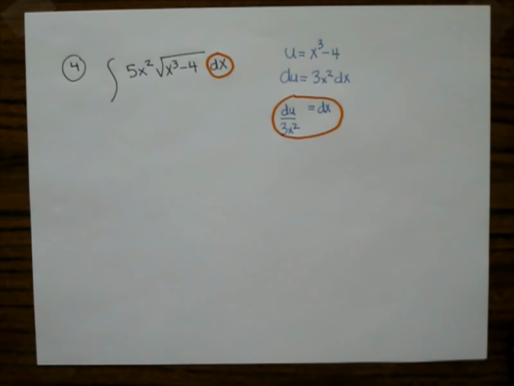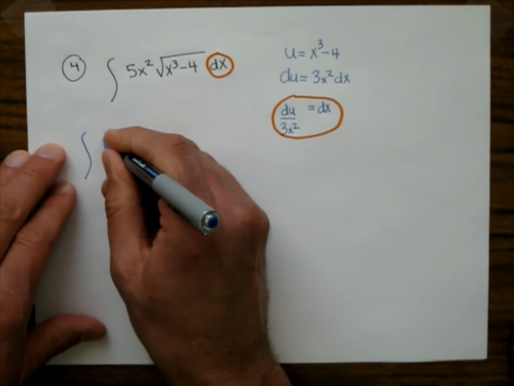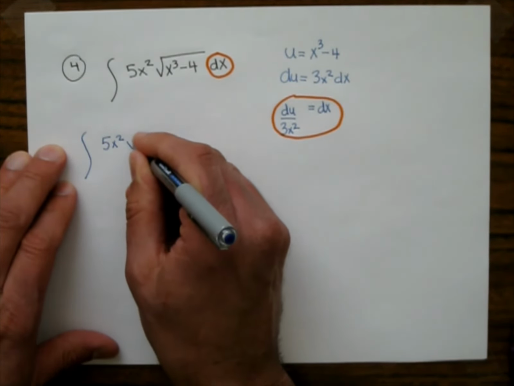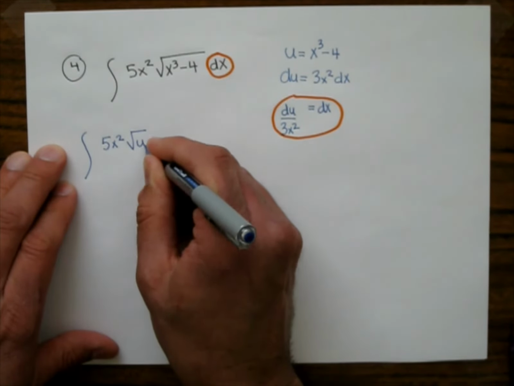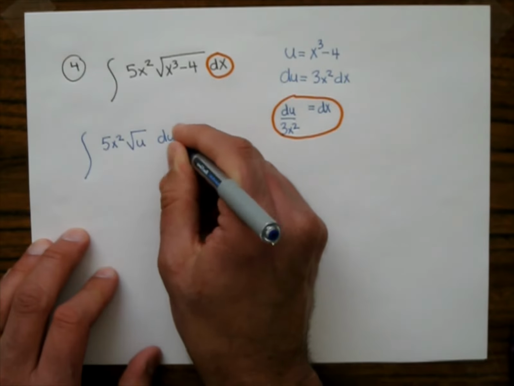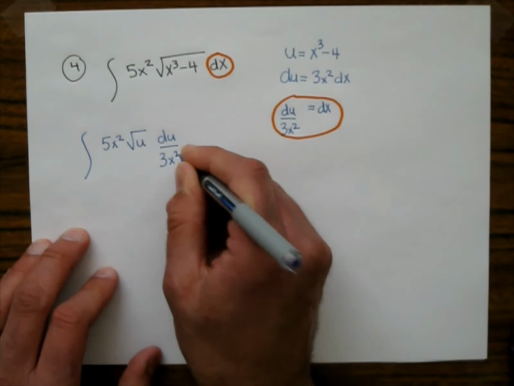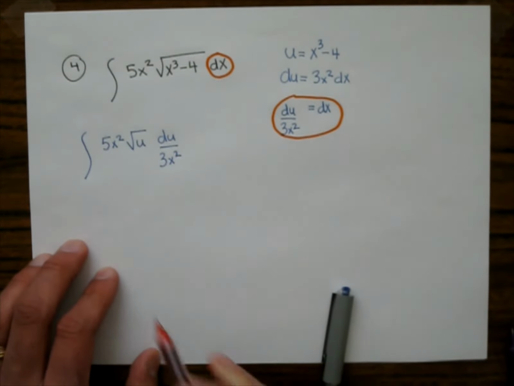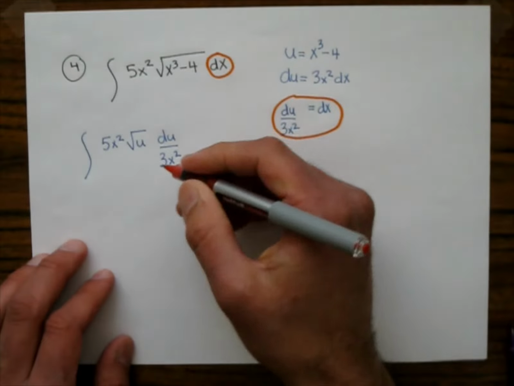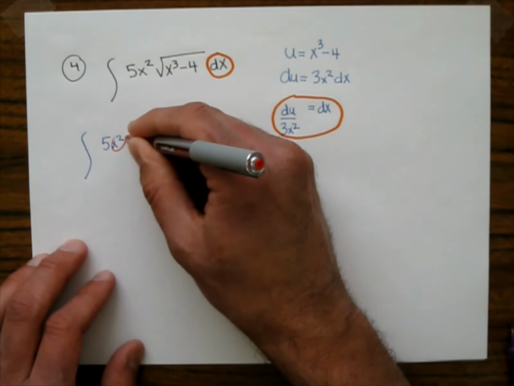So when I go ahead and make the substitutions, I have 5x squared square root of u, and then I have dx, which is du over 3x squared. Now, we might be a little upset with this because there's x's and u's in here, but look what's happening to my x's. Those x's will cancel.